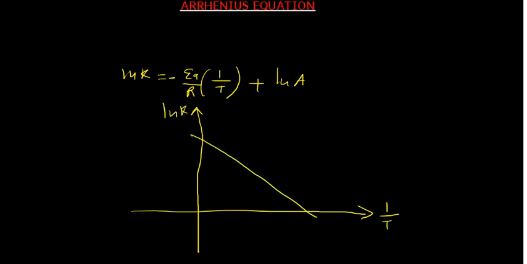Then we have got a graph which runs like that. Let's say the value here is, okay, let's give it 15. Okay, so this is 1 over T. Now the temperature we are using is in Kelvin, so let me get the temperature in Kelvin.